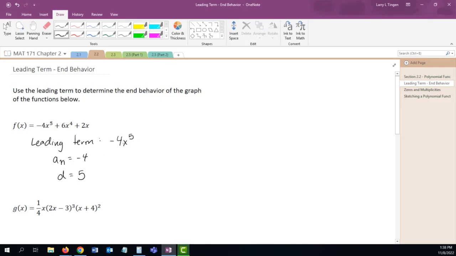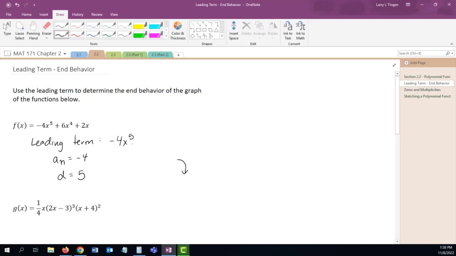Okay, so take a positive number, raise it to the fifth power. That's still positive. Take 100, raise it to the 5th power. All right, that's gigantic. Take 1,000, take 1,000,000. And then when you get done, multiply by negative 4. Well, so as x gets larger and larger, I'm diving for negative infinity.